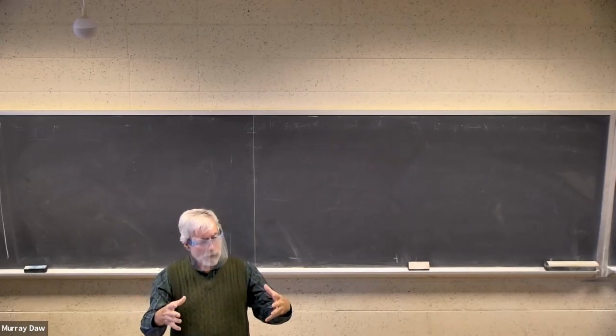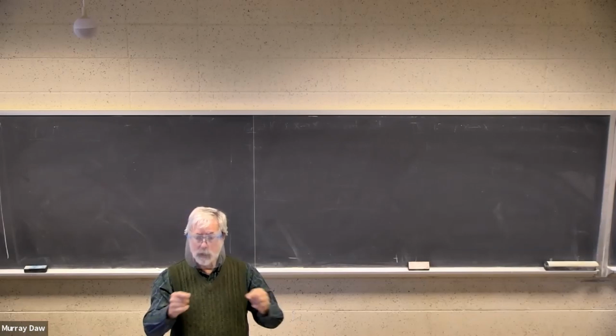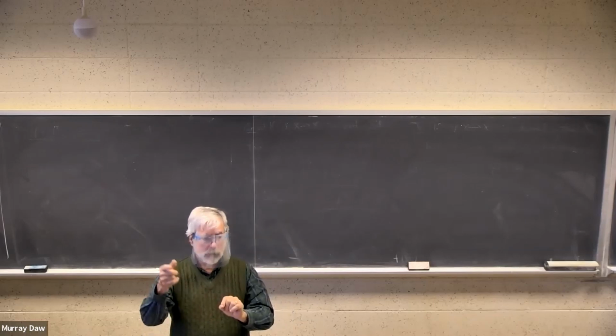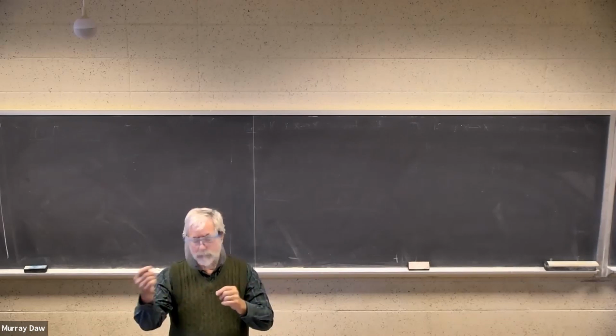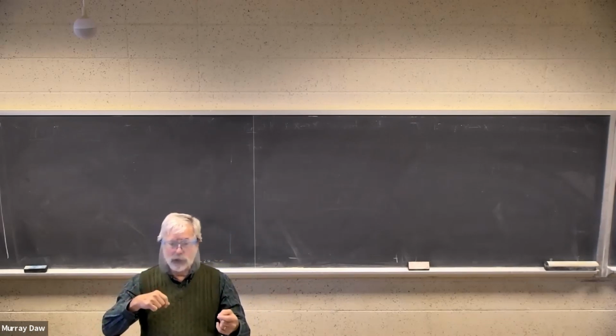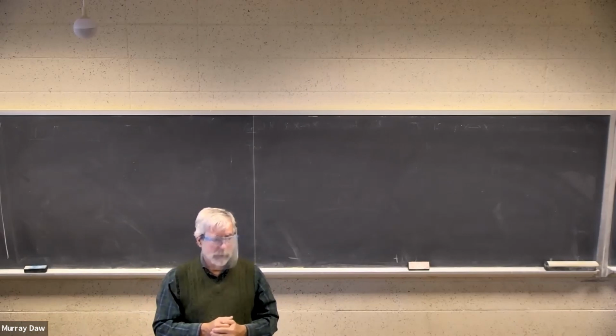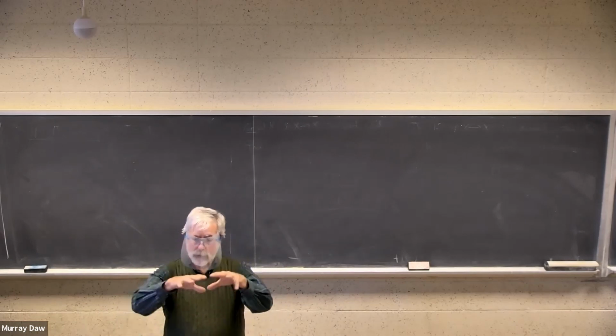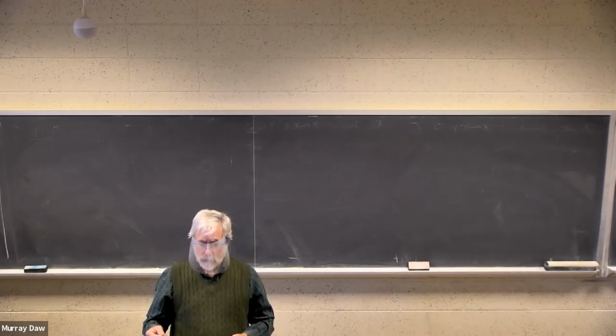So just looking at the potential in the Schrodinger equation, the potential is just 1 over distance. It's the negative of the charge of the proton times the charge on the electron divided by r. So it's a spherically symmetric problem.